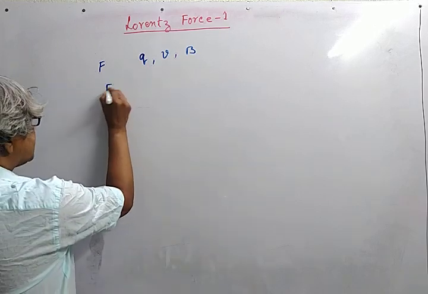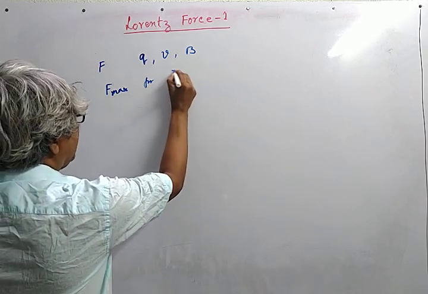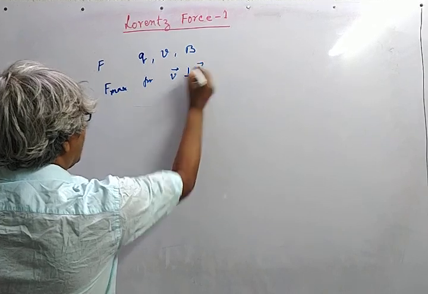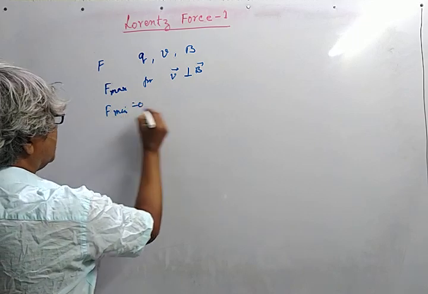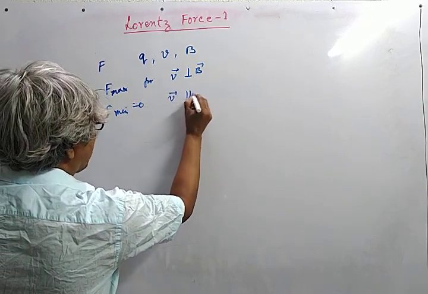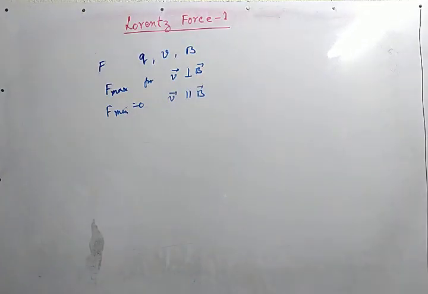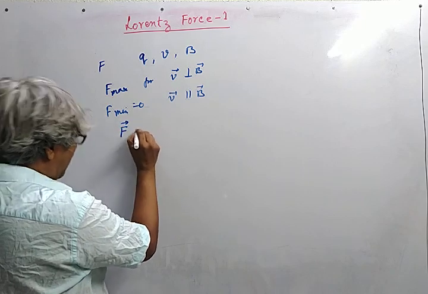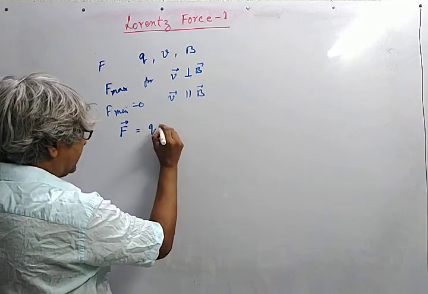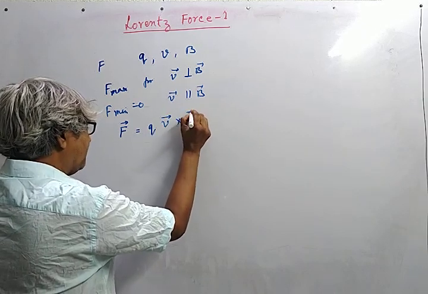That is, F is a maximum for v perpendicular to B, and is a minimum, equal to 0, for v parallel or anti-parallel to B. Connecting all these things, it can be written that the force that acts on a charged particle of charge Q when subjected to a magnetic field is this.